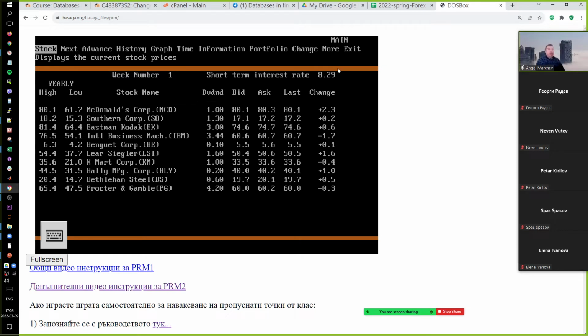Any ideas? By the way, you should know this because you have studied economics. Any suggestions? So, the short-term interest rate rises. What happens to the share prices, to the stock prices, in general?